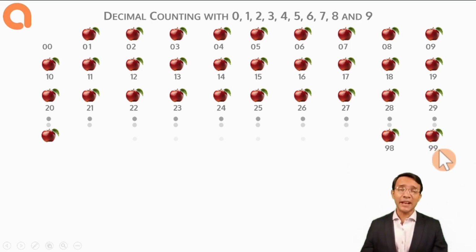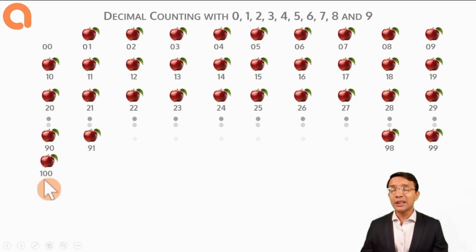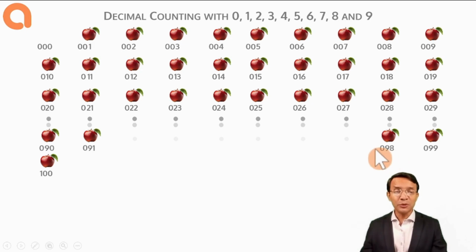So after the 99th apple, when we have one more apple, what do we do? We denote it like this, that is by 3 digits. 1 in the first digit and then 0 and 0 in the second and third digit respectively. So all this while we were having a leading invisible 0 in these first digits just like this up to here.